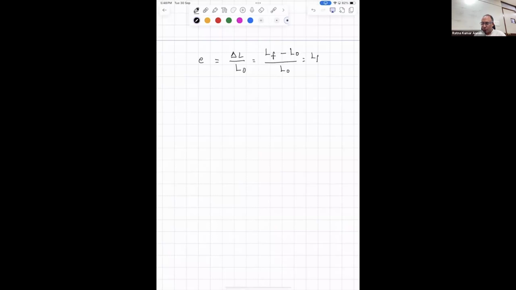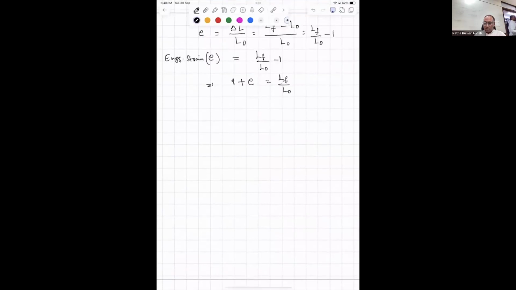That is equal to LF by L naught minus 1. Right? So I am calling it engineering strain E is equal to LF by L naught minus 1. That implies 1 plus E is equal to LF by L naught. All of you agree with that?